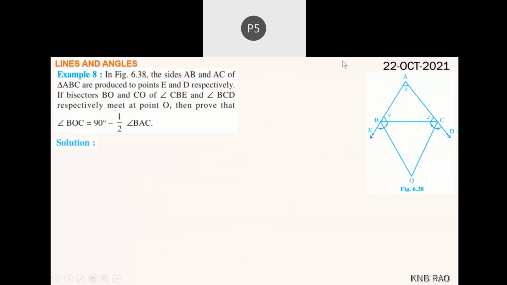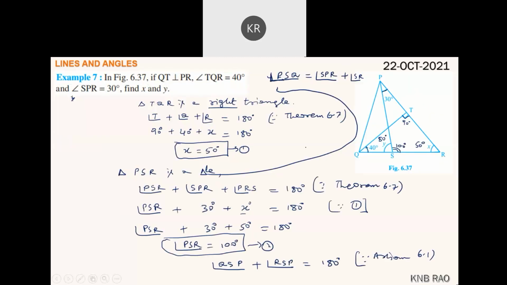So this way also you get 30 plus 50 equals 80 degrees. Is it clear? This is one way, that is another way. Got the idea?